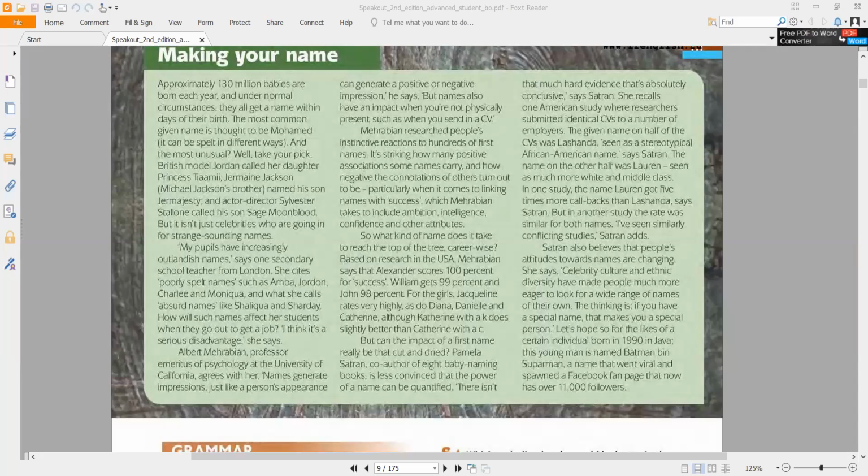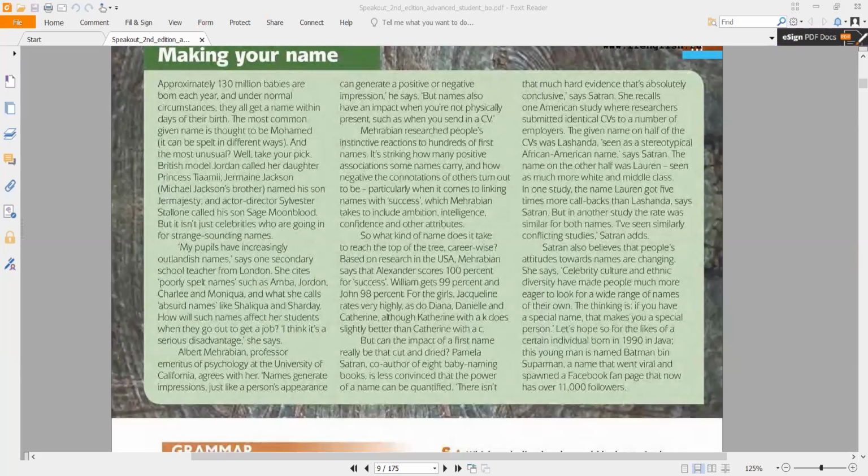In one study, the name Lauren got 5 times more callbacks than Lashandra, says Saturn. But in another study, the rate was similar for both names. I've seen similarly conflicting studies, Saturn adds. Thank you.